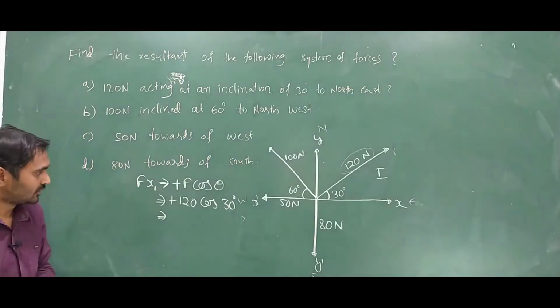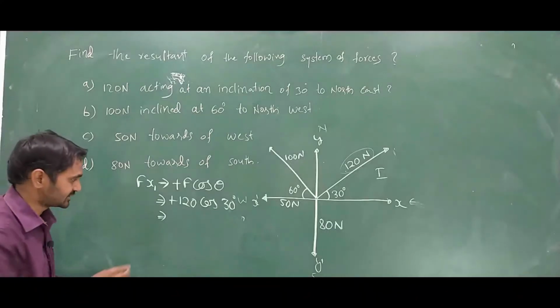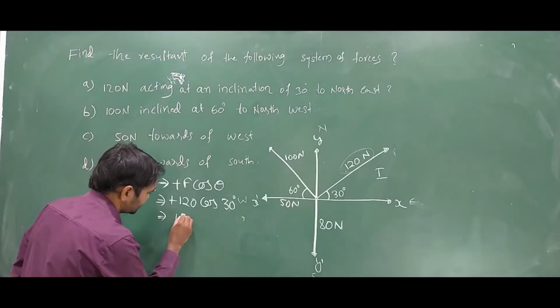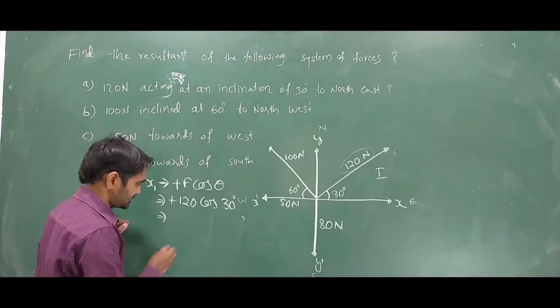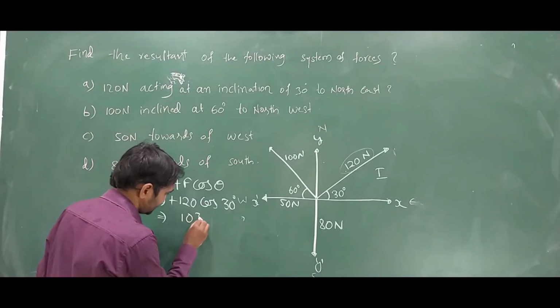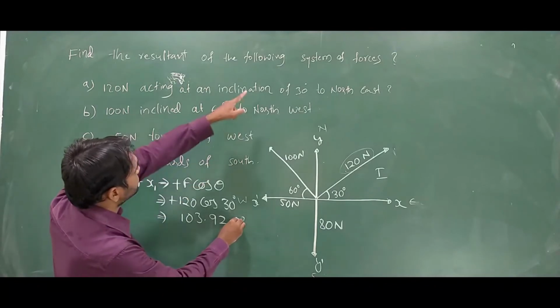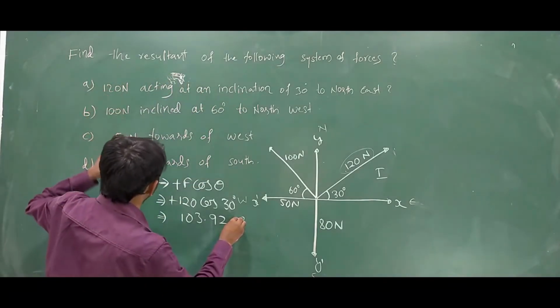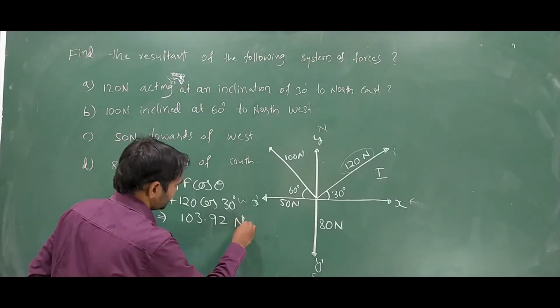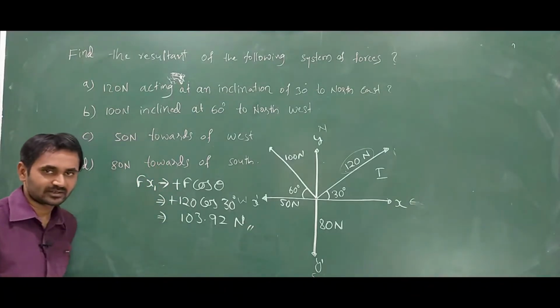By applying it in your calculator, 120 cos 30 is 103.92. This is all in newtons, so my answer will also be in newtons, right?